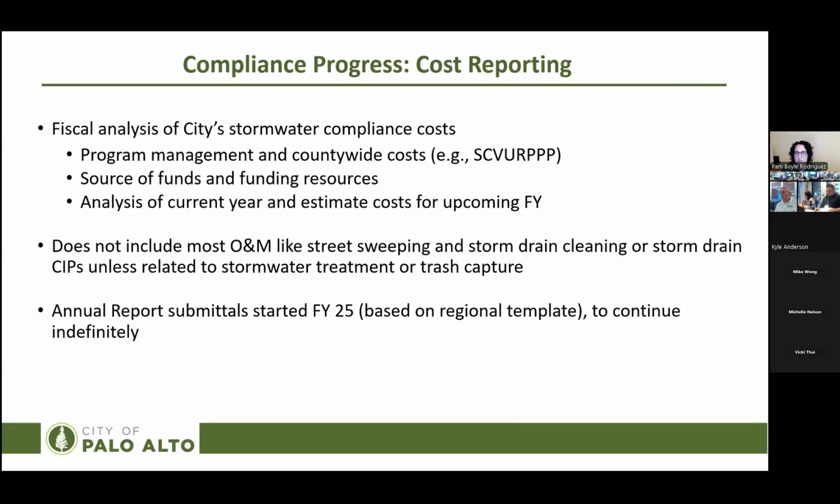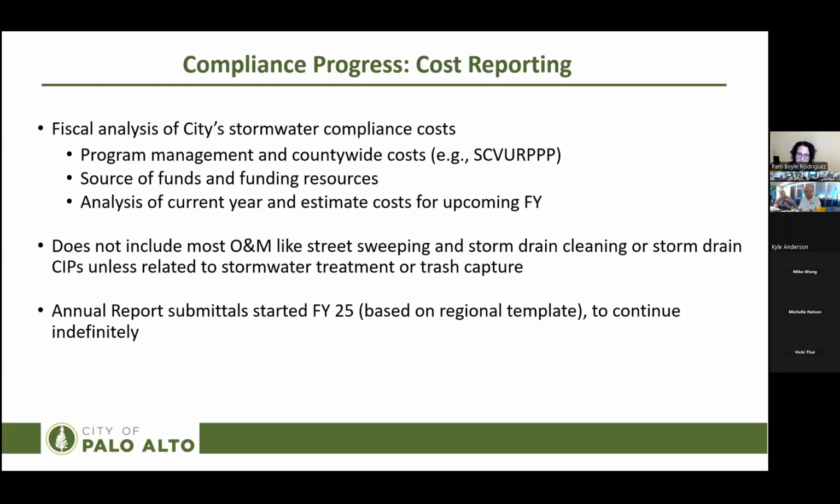We're also required to report on any cost associated with our stormwater compliance program. This is now a statewide requirement across all regional programs. I worked with a management analyst and looked at all the costs that are associated with equipment, staff, contracts, et cetera, that help us meet the MRP requirements.